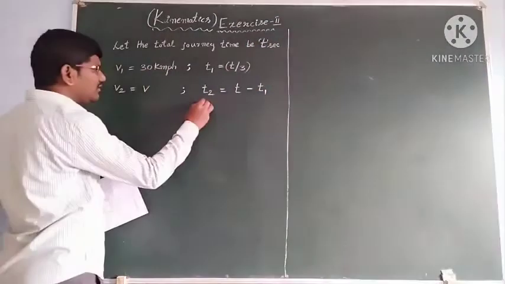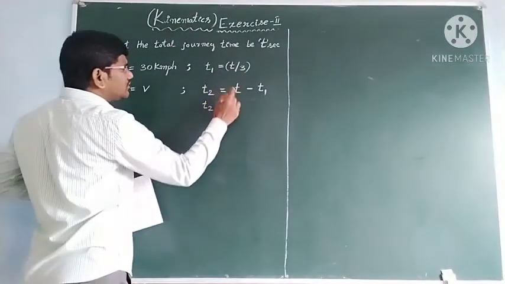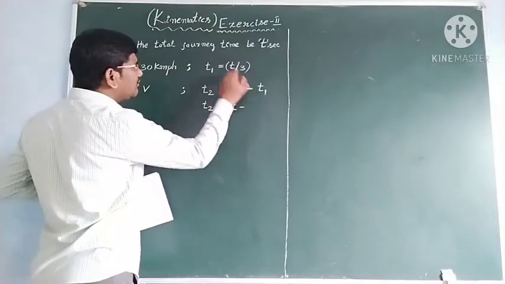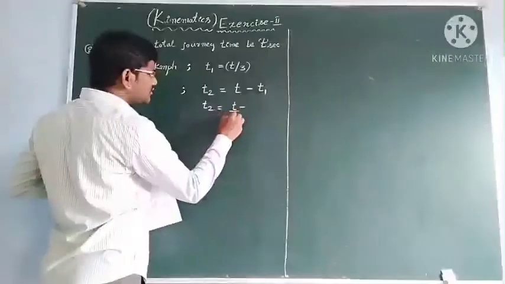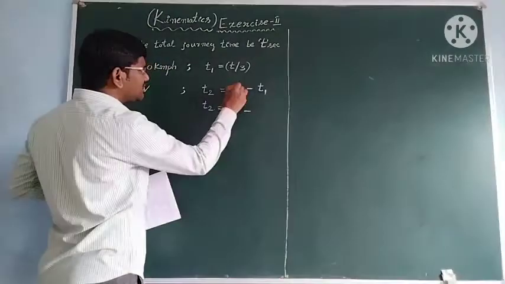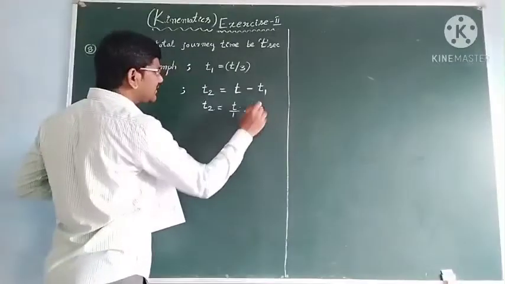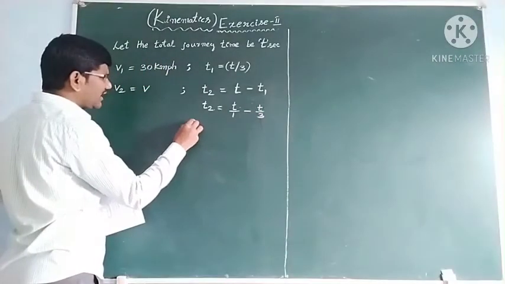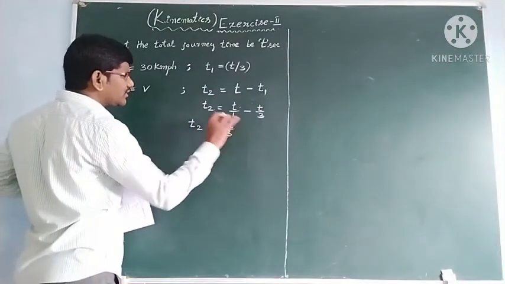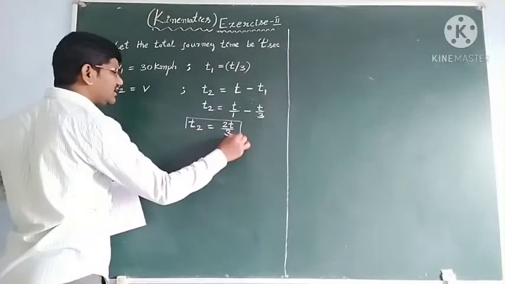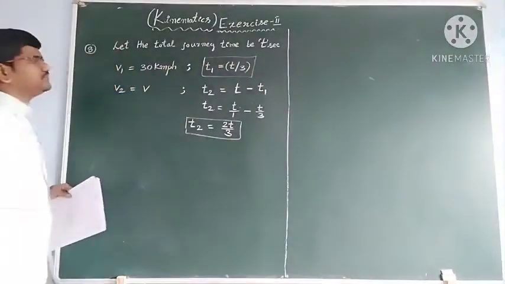So T2 is equal to T minus T1, and T1 is T by 3. Then we get the T2 value is 2T by 3. Students, this is the T2 value and this is the T1 value.